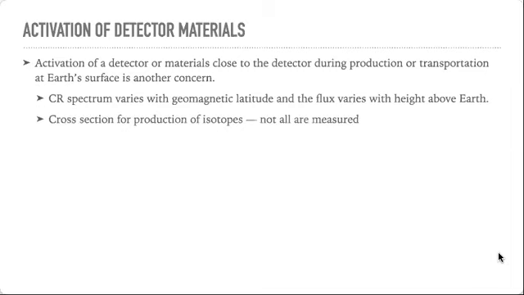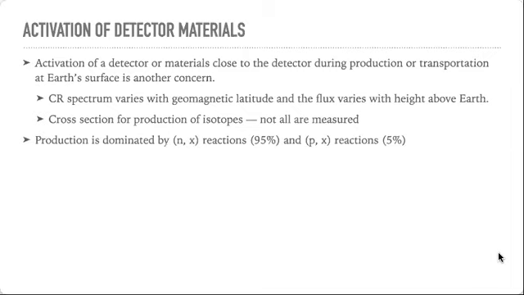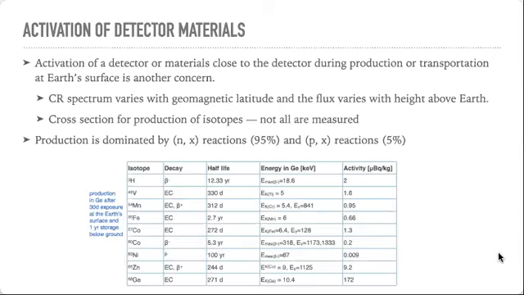So the cross section for the production of isotopes: one of the things you have to know about this is that not all of them are measured, so that can be problematic as well. When we're talking about this activation, the production is dominated by neutron interactions and proton interactions, but neutron interactions are dominant in 95% of the cases.